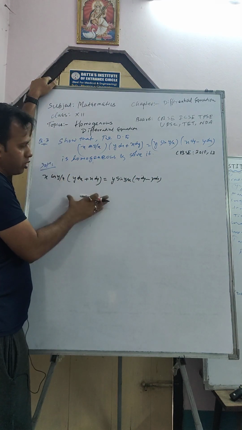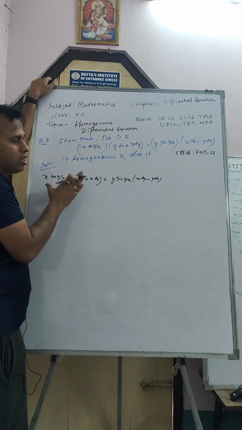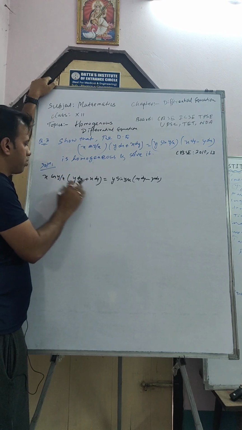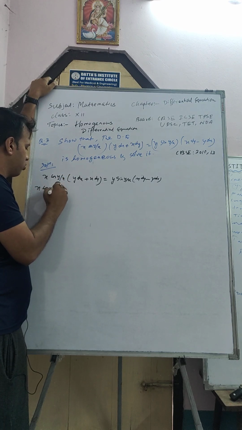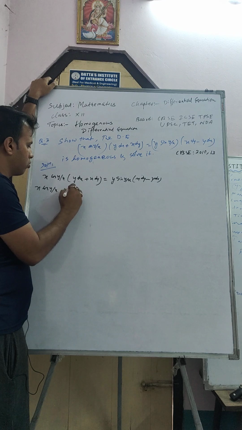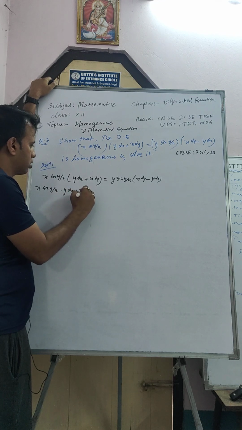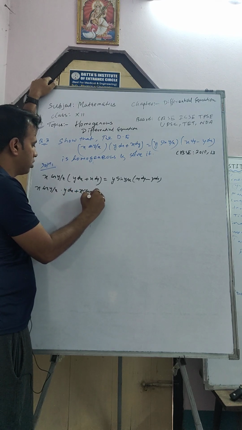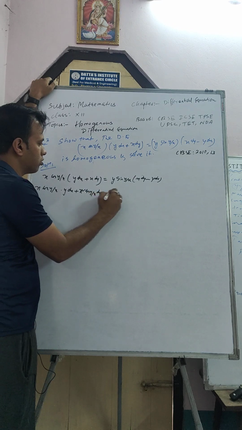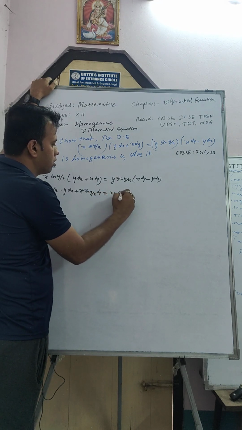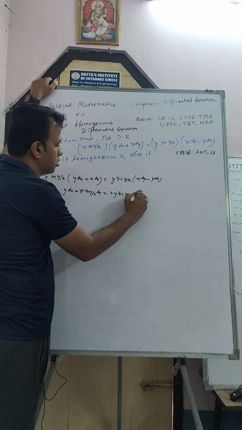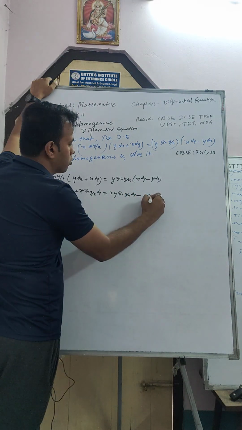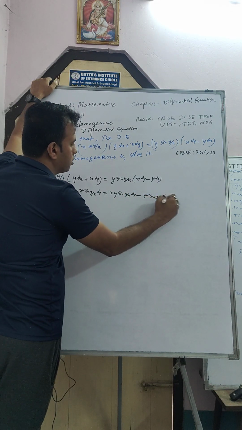From that, we have to first find dy by dx. So I am multiplying this out: xy cos y by x dx plus x square cos y by x dy equals xy sin y by x dy minus y square sin y by x dx.